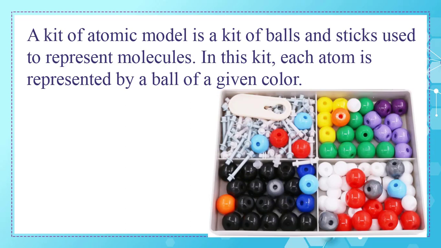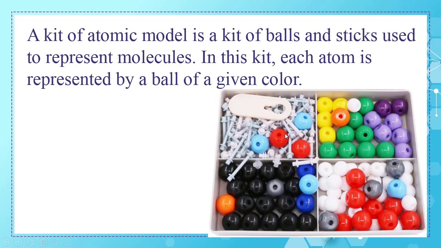As you see in this figure, a kit for an atomic model. So the model is for an atom. What is the atomic model? It is a kit of balls, as you see here, and sticks. These are the sticks used to represent bonds in molecules.